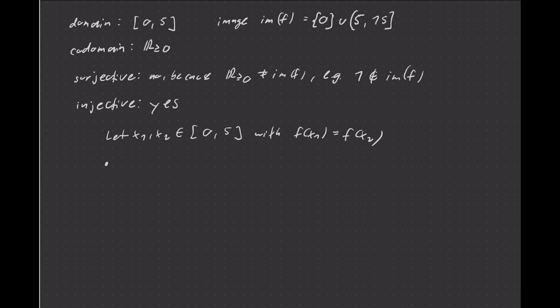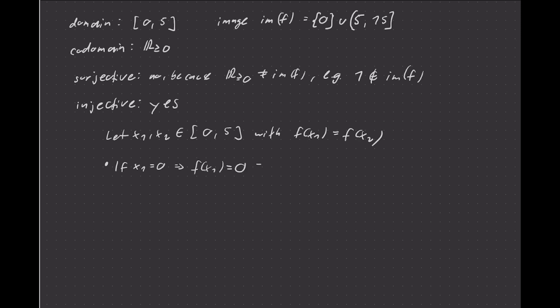Because of the definition of that function, we have to make a case distinction here. Let's first look at the cases where at least one of those x's is 0. So if x1 is 0, that would mean f of x1 is 0.